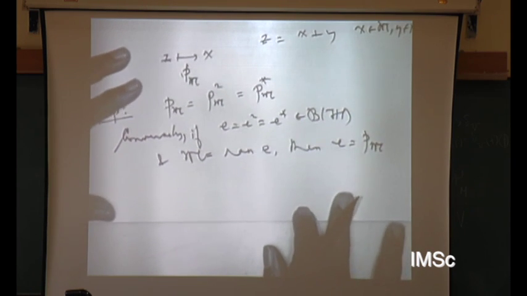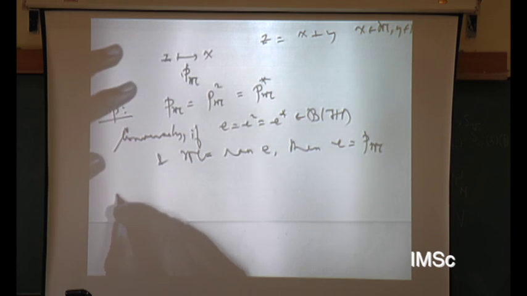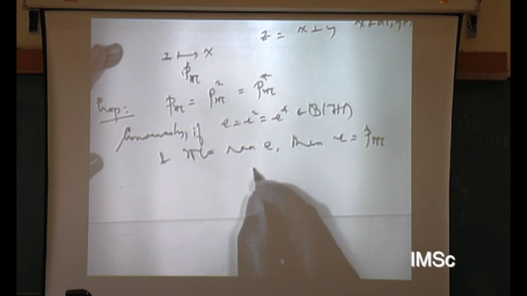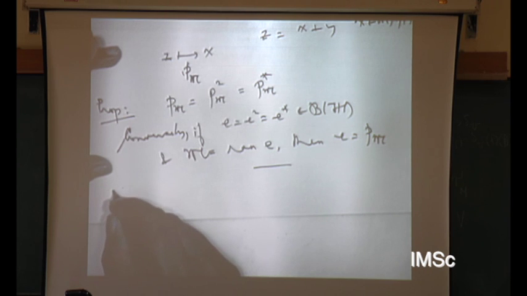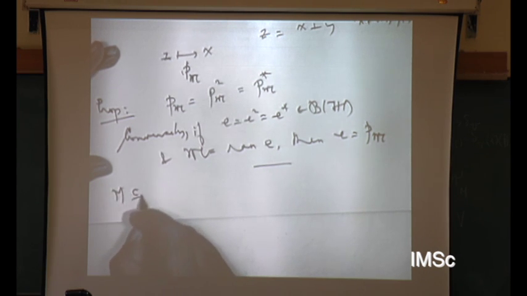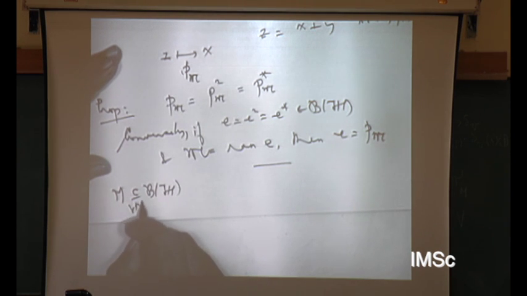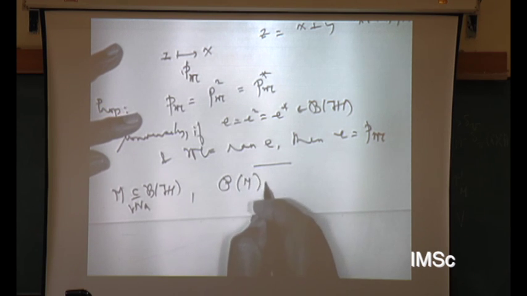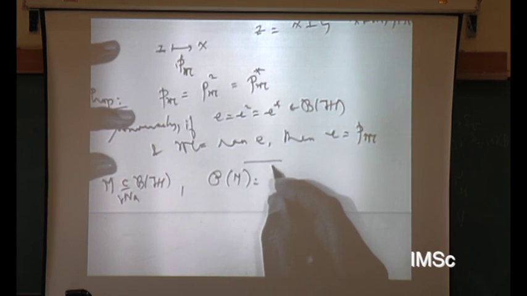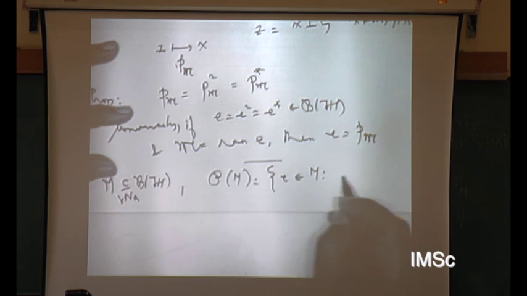Okay. So, all right. Later when we talk, I have mentioned von Neumann algebra, but if M is a von Neumann algebra contained in B of H, we will use the notation P of M equal to the set of all projections in M, all E such that E equals E squared equals E star.